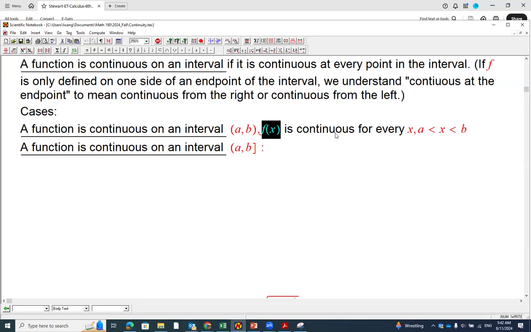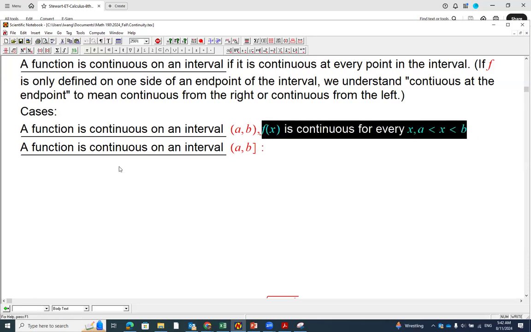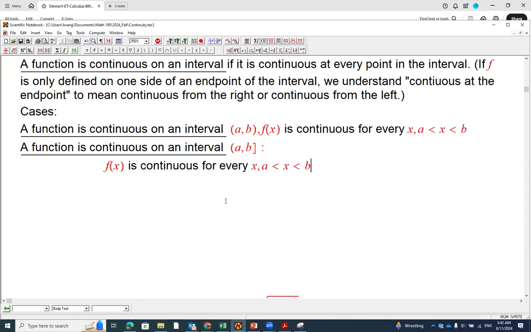Well, in this case, f is continuous at every point between a and b, but also including b, because b is included. In this case, f is continuous from the left of b.